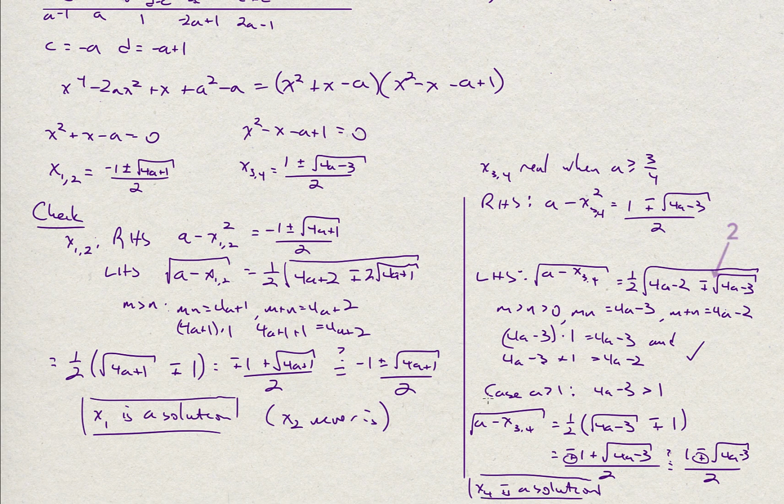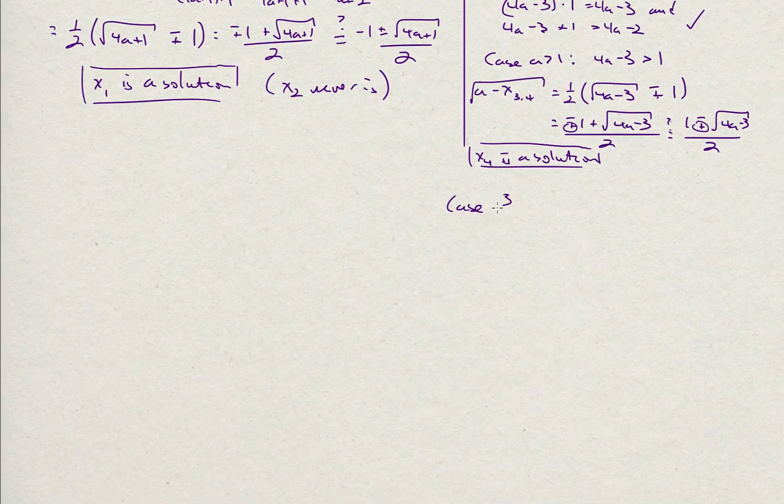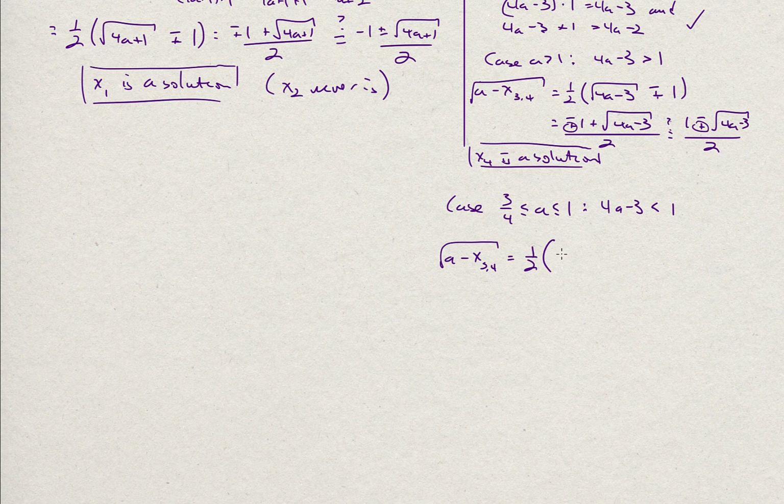That's in that case. Now, the second case, when a is between 3/4 and 1 inclusive, well, that means that 4a minus 3 is less than 1. That means 1 is bigger than 4a minus 3, and so our square root of a minus x3,4 is going to denest to 1 minus or plus the square root of 4a minus 3.